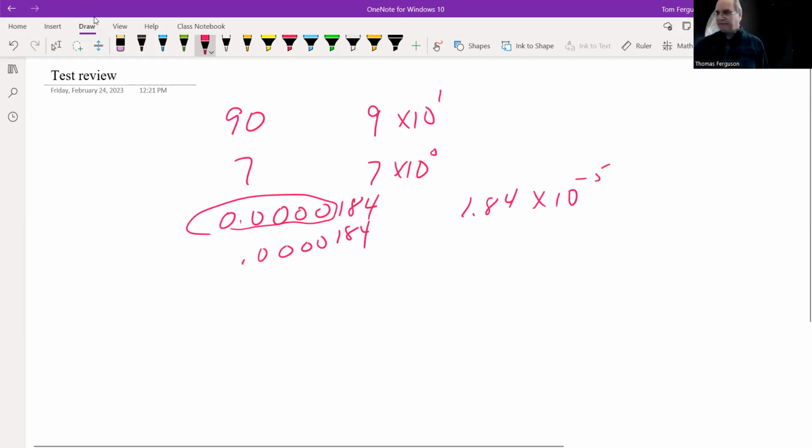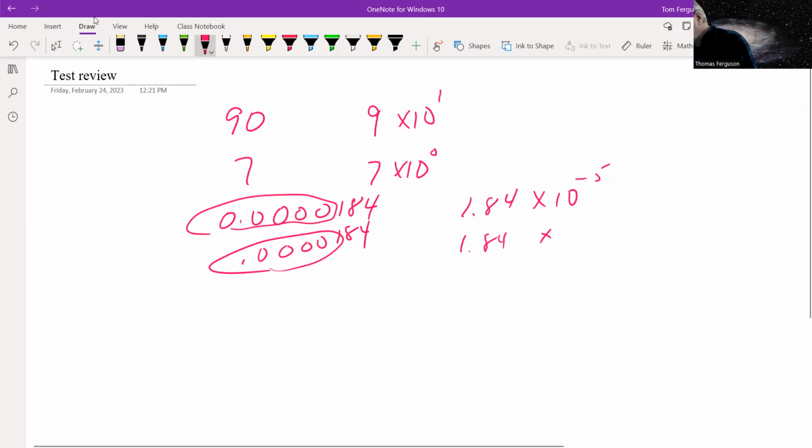If there's no 0 in front, count the zeros, add 1. I know a lot of you, I saw in the test, you were going like this, which is fine, except this kind of a shortcut works pretty well.